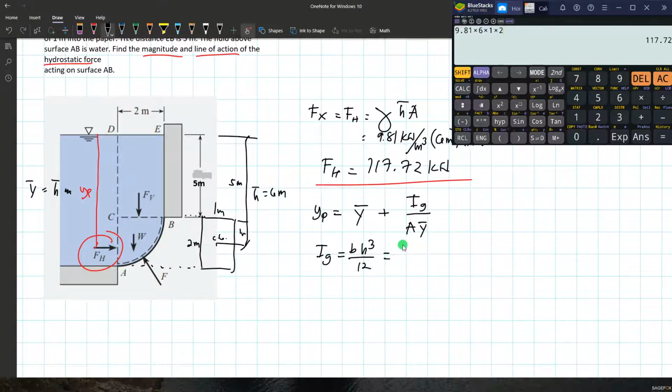The base is 1, the height is 2, over 12. So that's in meters, we will have a unit of meter raised to 4.